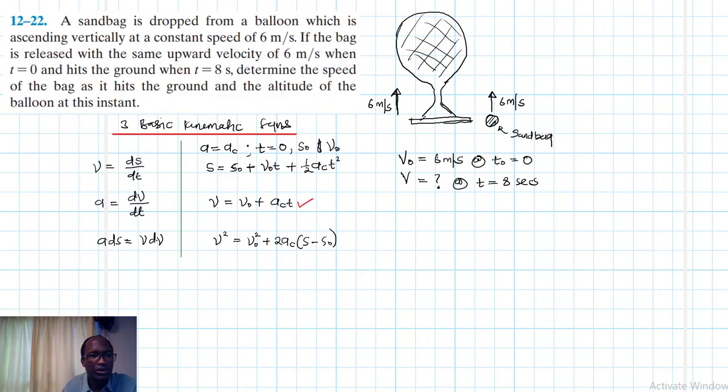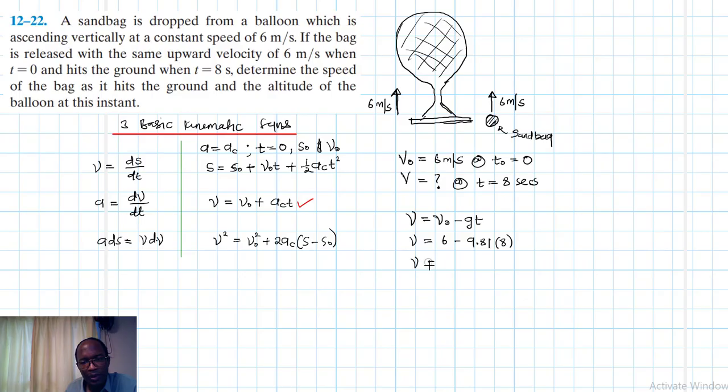Our acceleration is constant, so we have v is equal to v naught plus our constant acceleration, which is just g, times t. Therefore v is equal to 6 minus 9.81 times 8.